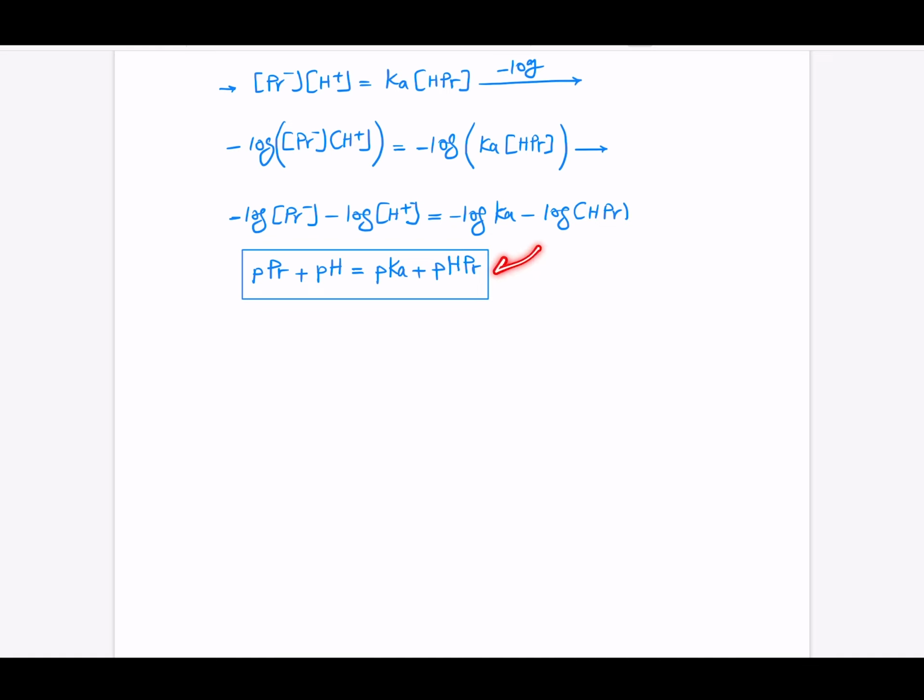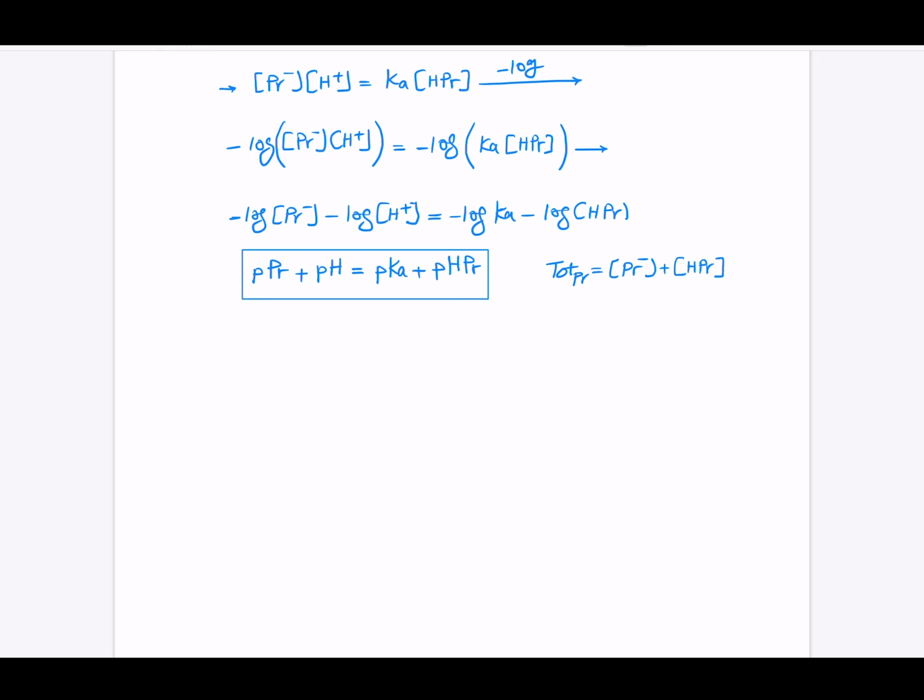So this would be the line. Now our job would be to simplify this line as much as we could. So that would be the task. Just keep in mind one thing: the total PR based on the mass balance would be just PR plus HPR.